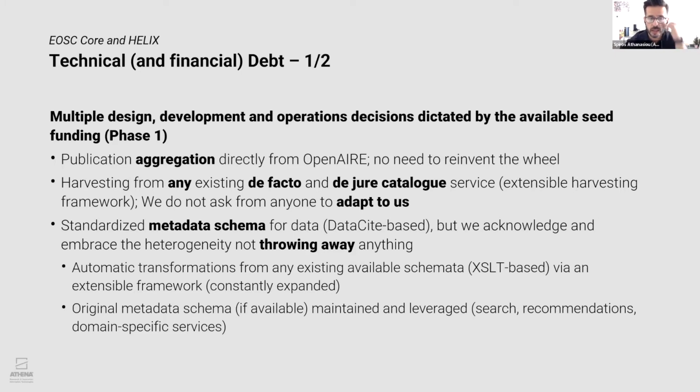What this means is that we have automatic transformations and alignments from any existing schema via an extensible framework to our own schema, so the catalog works as intended and fine. And we do maintain, keep, and analyze the original metadata schemata if available, and leverage them to provide a more intelligent search, recommendation, or any domain-specific service.